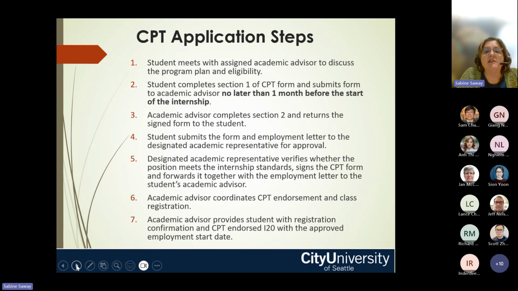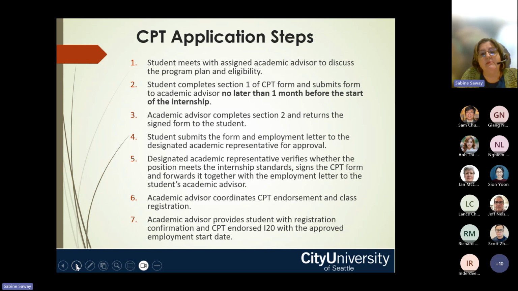And at that step, the employment letter is also required. The designated academic representative verifies whether the position meets the standards for the specific internship and for the specific degree, and then forwards the approved CPT form together with the employment letter to the academic advisor.